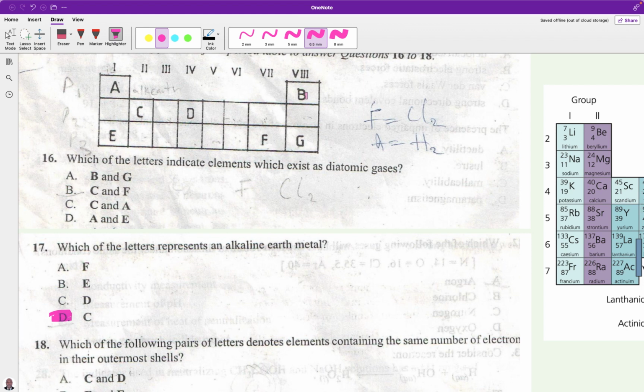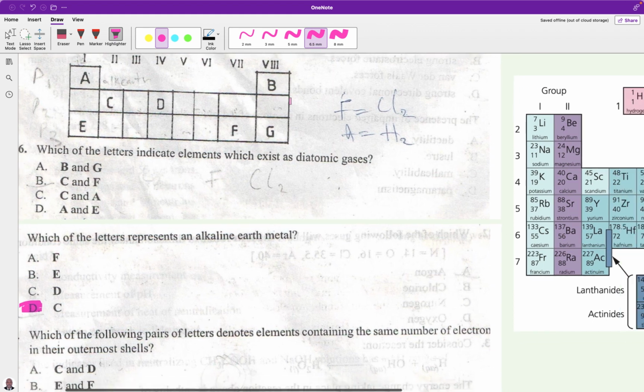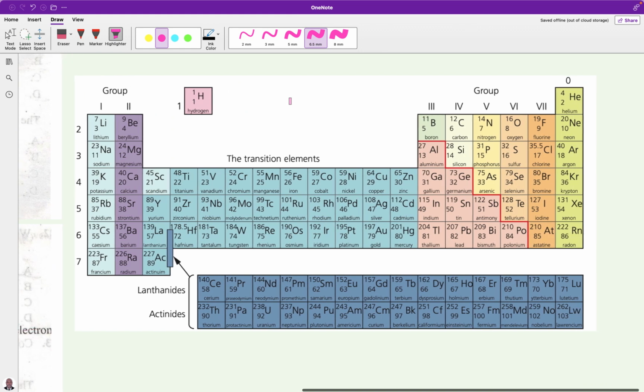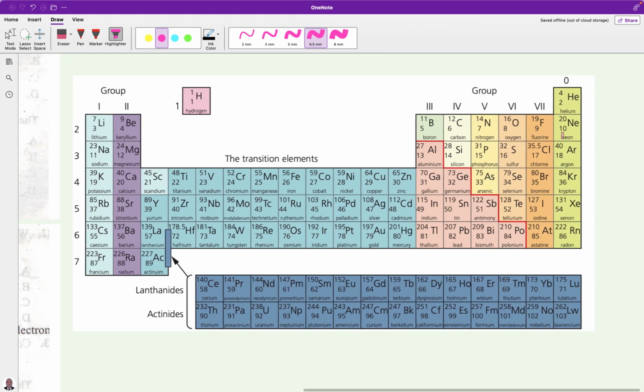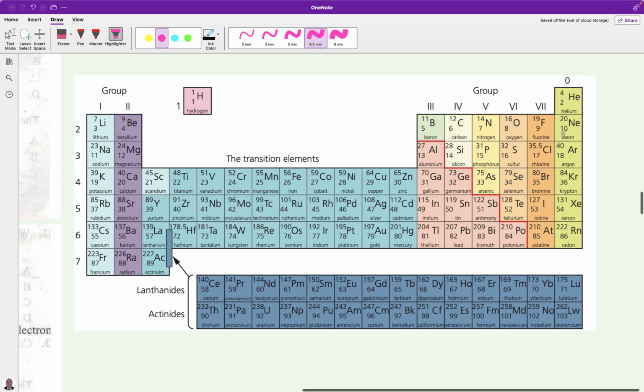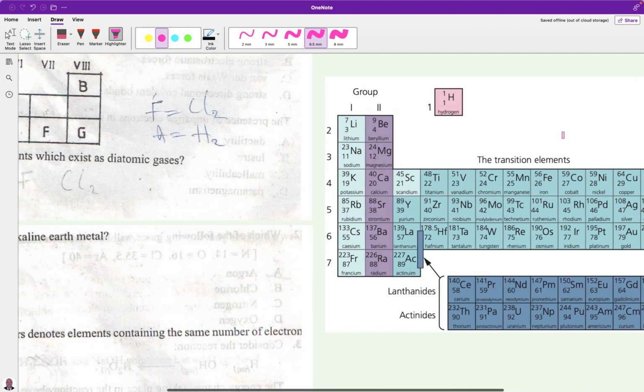B is neon. And the neon has how many electrons? Neon has 10 electrons, that is 2, 8.